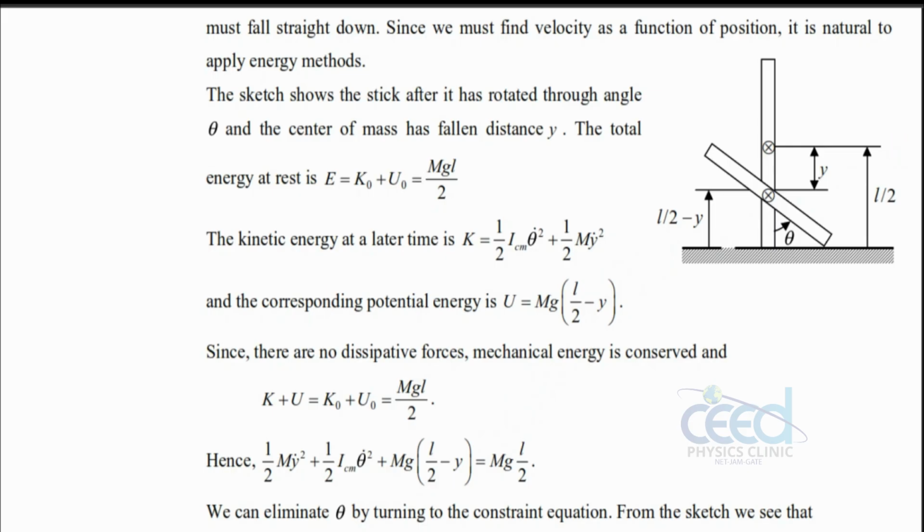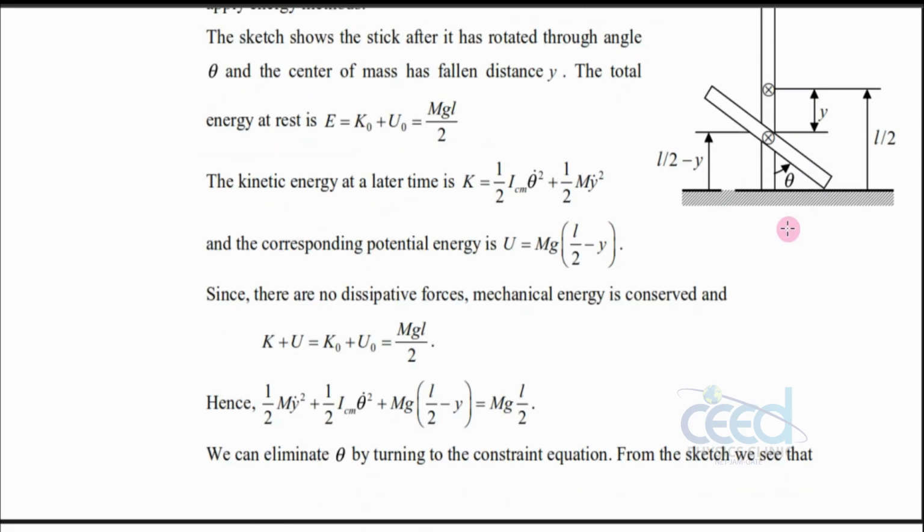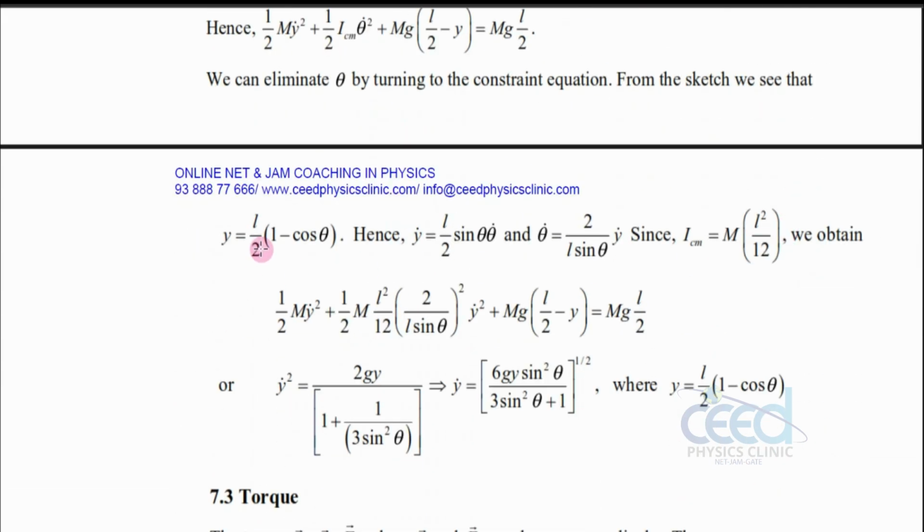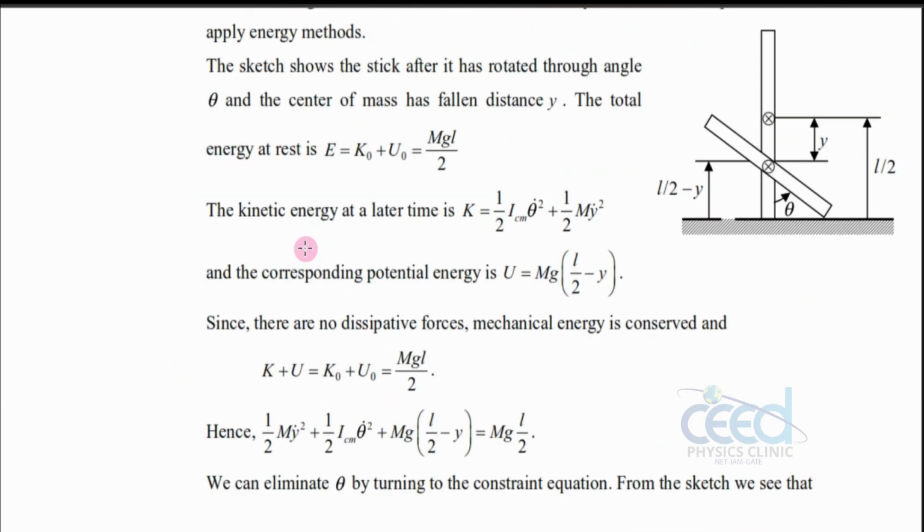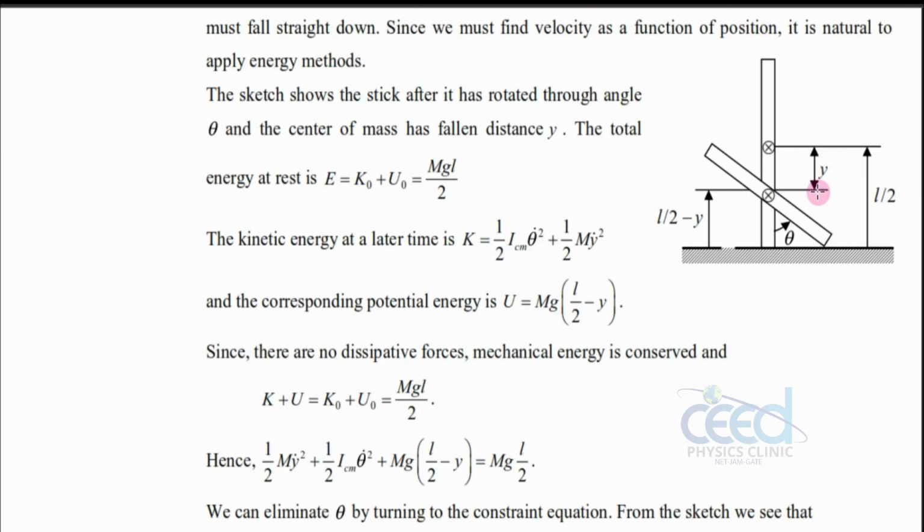This y value I can write in terms of theta as y is equal to L by 2 into 1 minus cos theta. That means this L by 2 minus y, right, is L by 2 minus this.